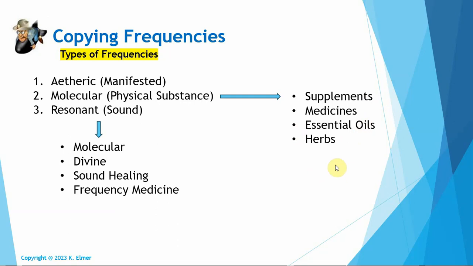If you're familiar with all the different boosters that I've created, available on both sites either as a card or capsule, like the men's and women's booster, or on Quantum Upgrade, I think under the Kay Elmer bundle, the idea is that I've compiled all of these different molecular substances together, captured their frequencies, and then put them into a frequency card.